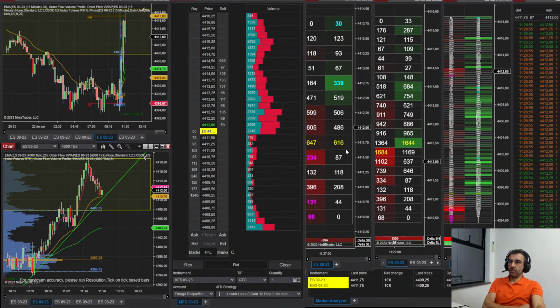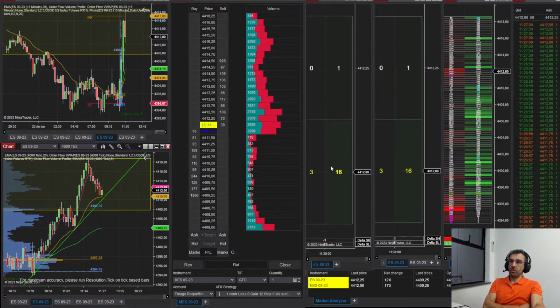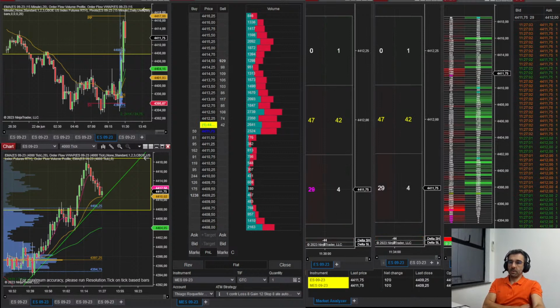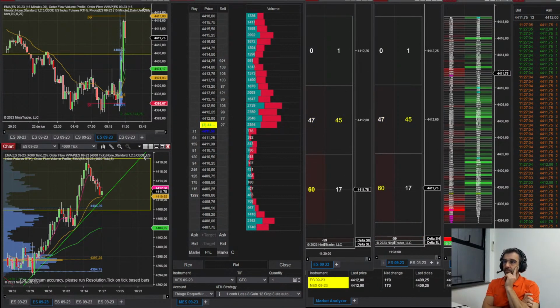Let's see if buyers will be able to absorb all the pressure above the 12 and continue or revert the move. Let's see.